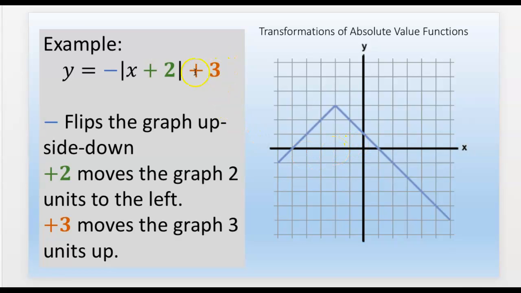Outside, the red plus 3 means you move up 3. Outside is exactly what it says. So our new vertex is (-2, 3), the slope is 1, and then it mirrors the other side.